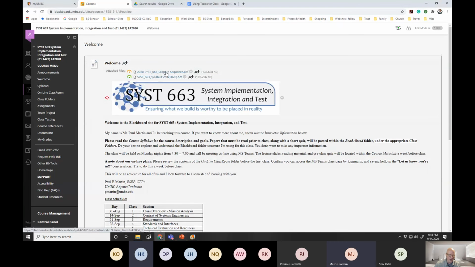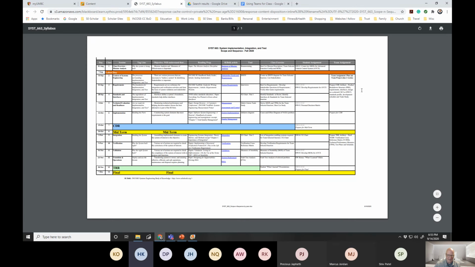Yeah, it's like the little scope and sequence that says when things are due. Yeah, I was looking at that. I just got a little confused. Well, do your best. If it keeps getting confused, let me know how I can change it. Okay, thank you. I really appreciate it. But right here it says for requirements, homework 1, 2. Okay, all right. Any other questions?